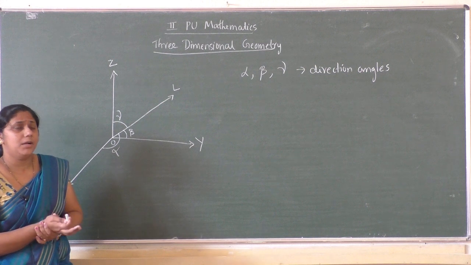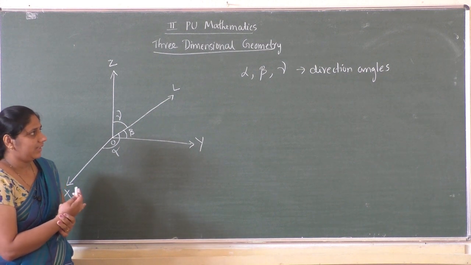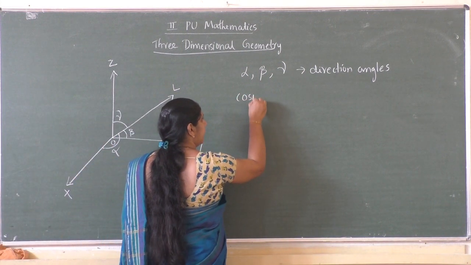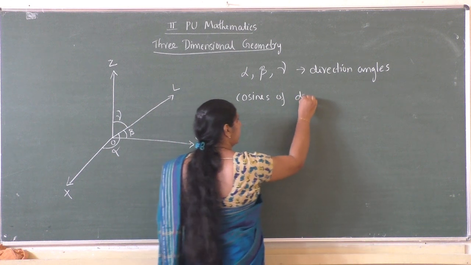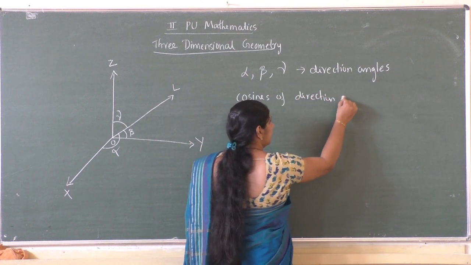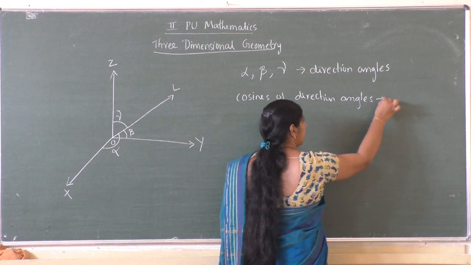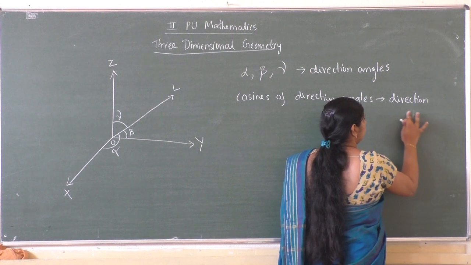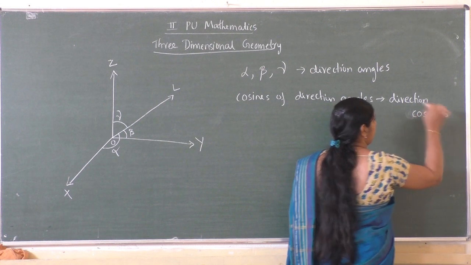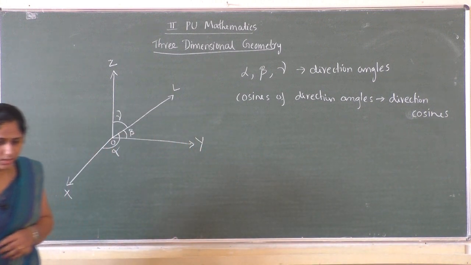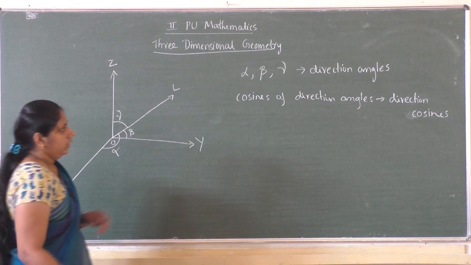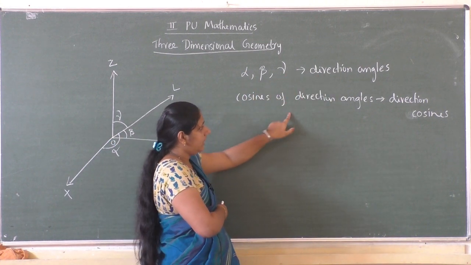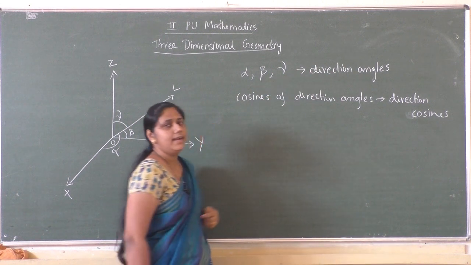So if alpha, beta, gamma are direction angles, then the cosines of the direction angles are called direction cosines.